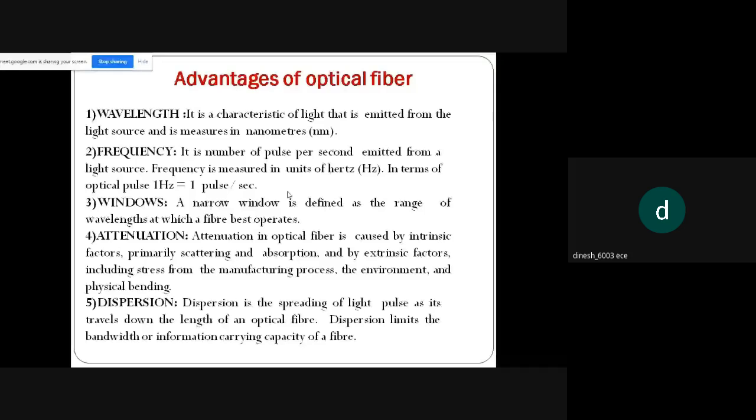Nano is 10 power minus 9. Then the frequency of operation. It is the number of pulses per second emitted from a light source, which is equivalent to 1 unit hertz. So 1 hertz is equal to 1 pulse per second. For every second, if 1 pulse is moving, it is equivalent to 1 hertz.